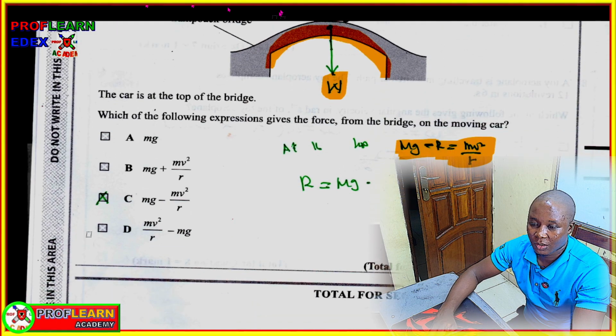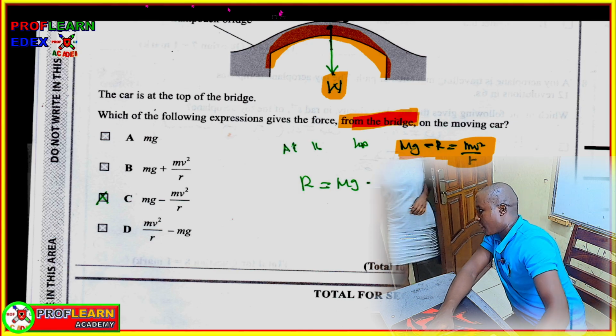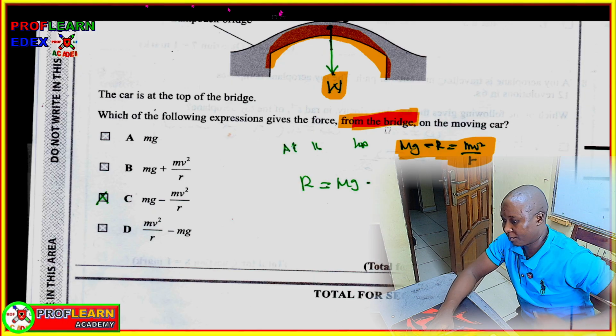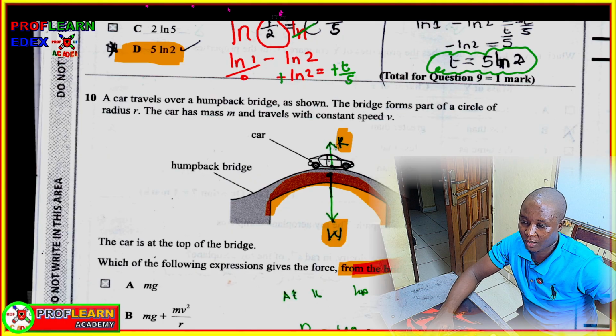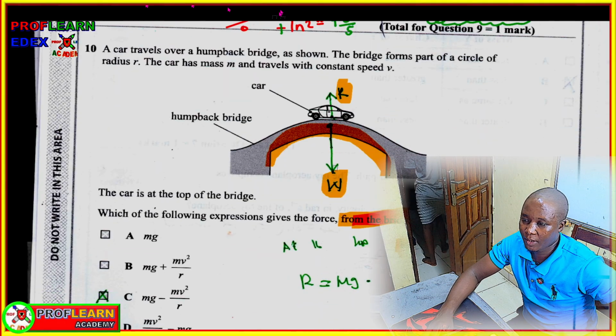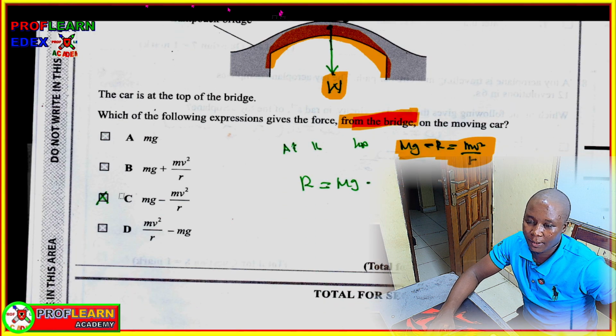The weight was mg. If we make R the subject, because in this question you are asked for the force from the bridge, which is basically the normal reaction force, we can say weight, which is mg minus R, is equal to the centripetal force, and the answer for that case becomes C.